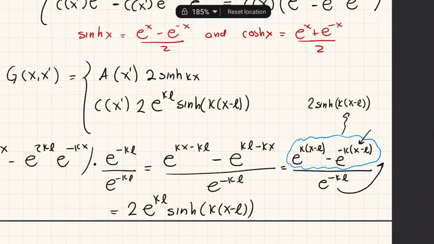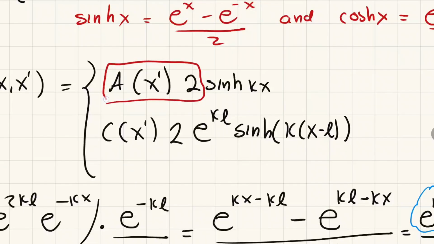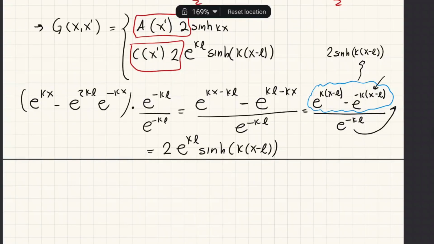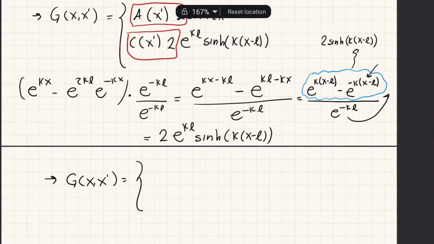Just for simplicity, we are going to transform this part of the definition and this other part of the definition to some new functions of x prime, just to eliminate the constant 2, to get that g of x comma x prime is going to be defined as follows.